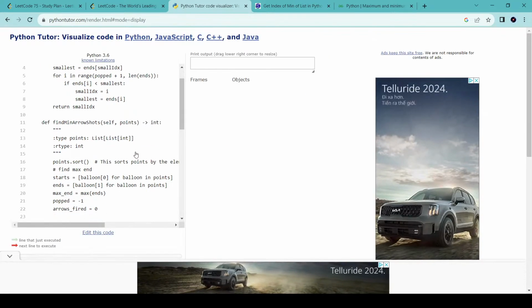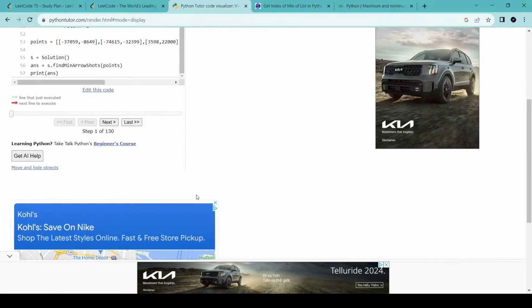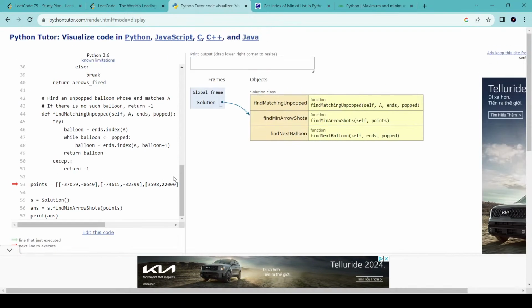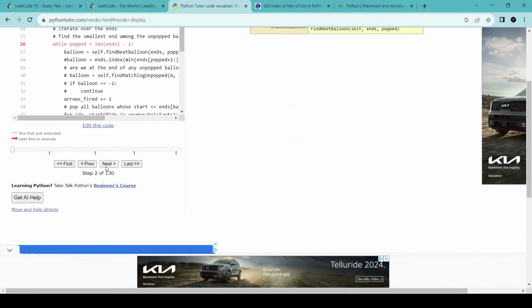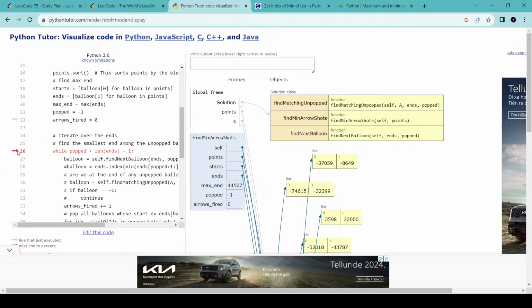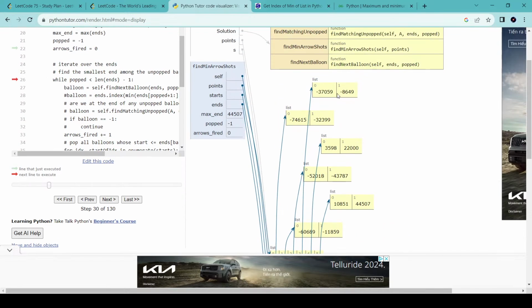Okay, cool. Now we're in business. So let's run it. Okay, we're going to go to here. So we have 1, 2, 3, 4, 5, 6 balloons. The first balloon is at negative 8646, a pretty large number.